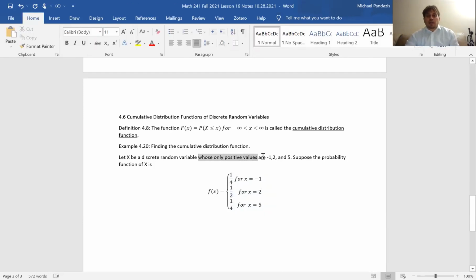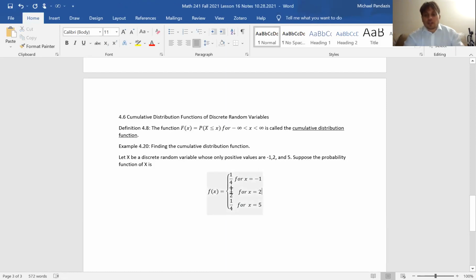Saying whose only positive values are those three means it's the only place with any non-zero probability. For any other values of x, the probability is 0. So these are the only three values of x in which the probability is non-zero.